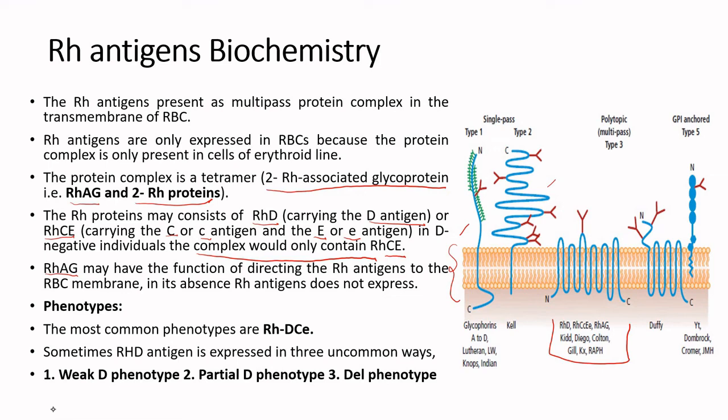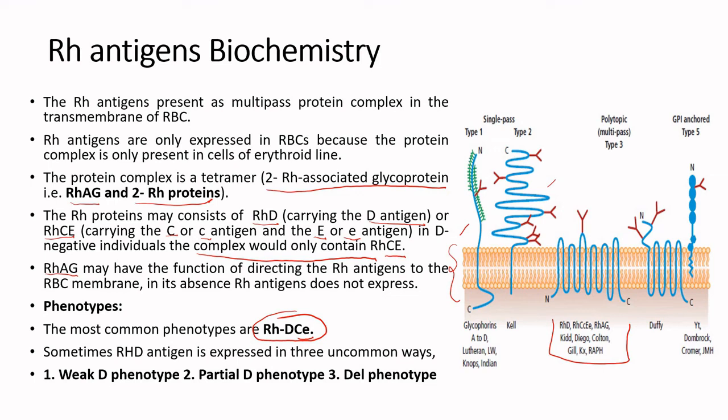Now what are the phenotypes in this particular Rh blood group system? The most common phenotype is RHDCE, which has RHD as the main antigen and CE as the associated antigen.